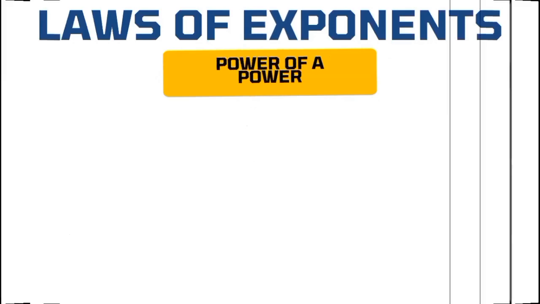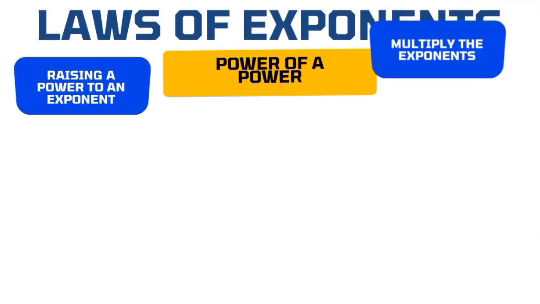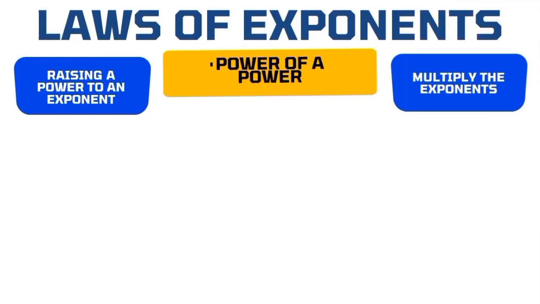The second law of exponents is what we call a power of a power, and it is illustrated through this. When you say power of a power, wherein a raised to m is raised to another power n, the answer would be a raised to m times n.